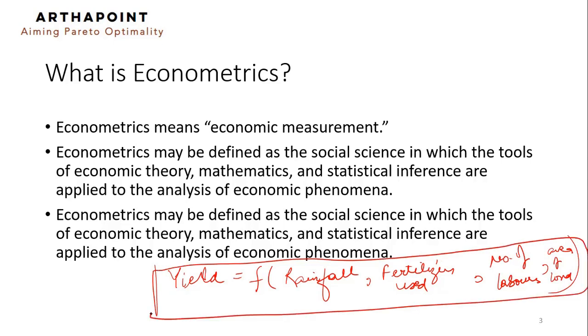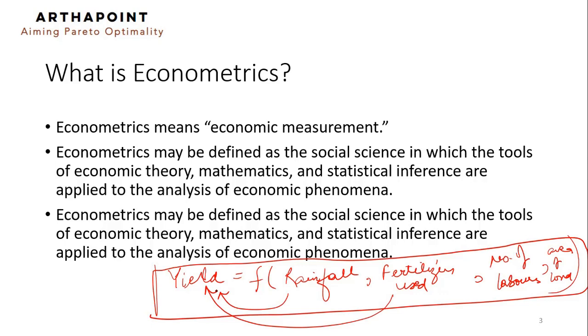Now, I want to understand how much is rainfall affecting agricultural yield? How much are fertilizers affecting agricultural yield? Does increasing the number of labor actually increase the agricultural yield or not? So the way that I would be defining this mathematically would become an econometrics problem.